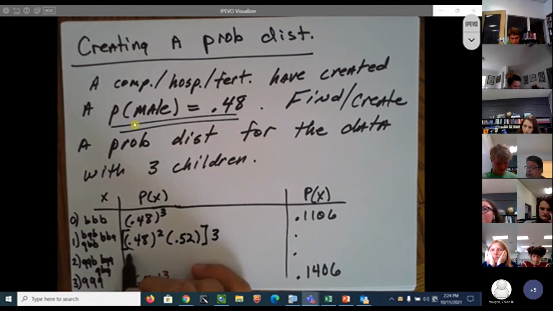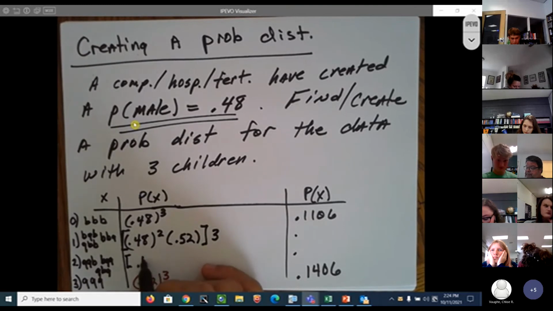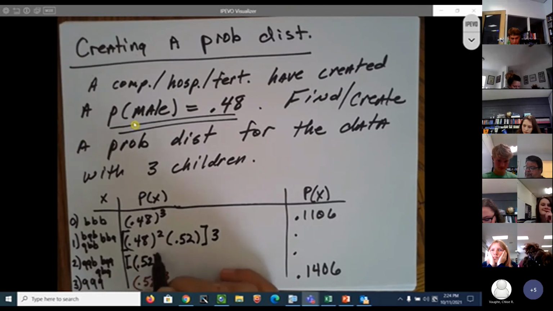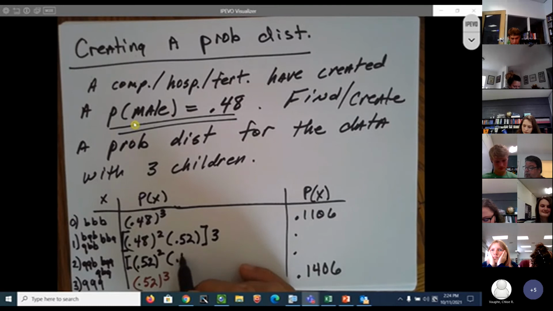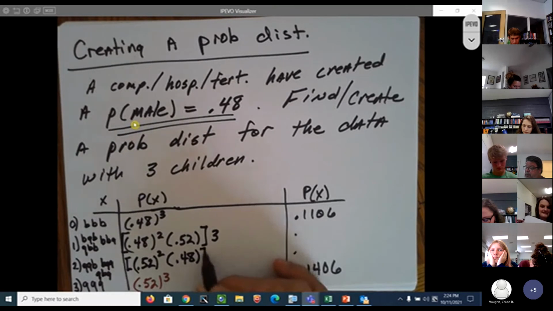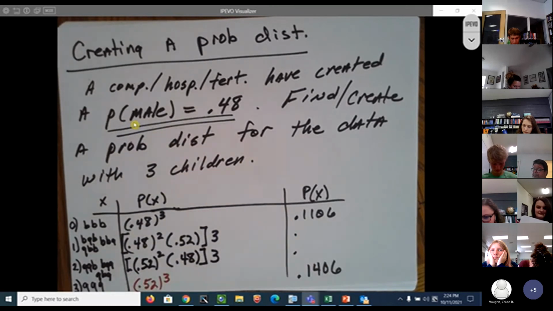And this would be 0.52 to the second power times 0.48 multiplied by 3. You're welcome. Because I know about 90% of the class didn't know how to do it. And 10% of the class invented this mathematics.